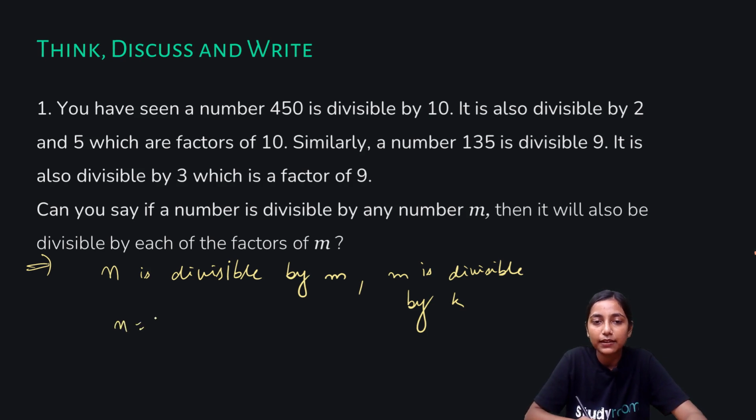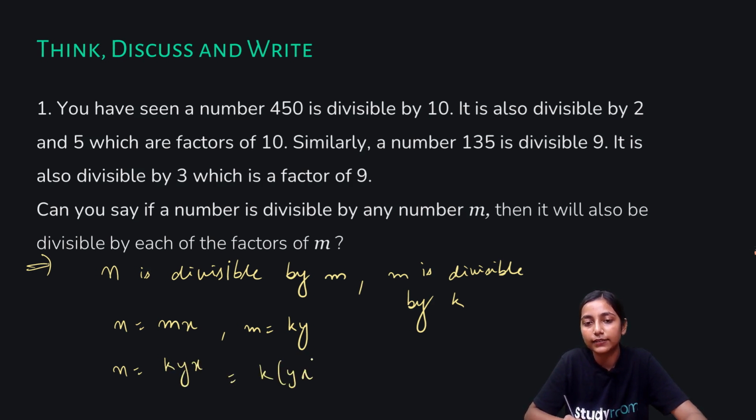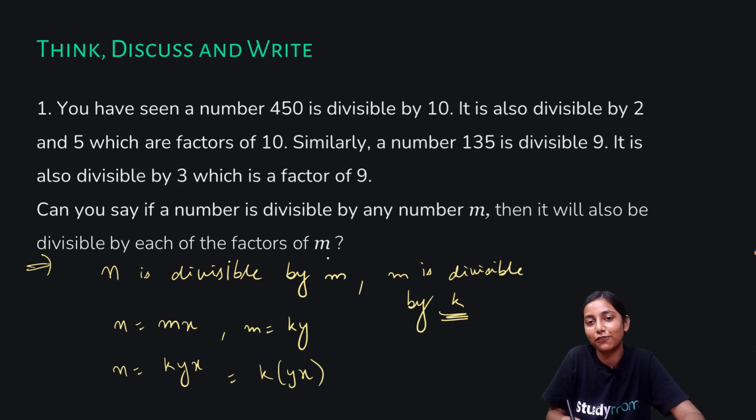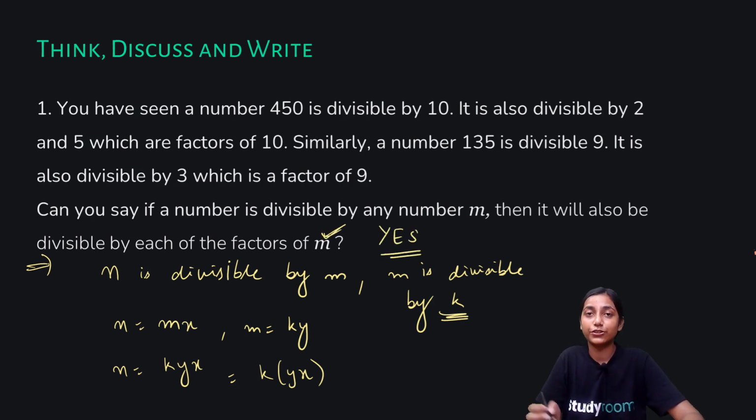Therefore, n can be written as some m into x, and m can be written as some k into y. That is, this n can again be written, putting this value, as k y into x, that is k into yx. You can say that n is divisible by k, which is one of the factors of m. So yes, the answer for this question is yes.